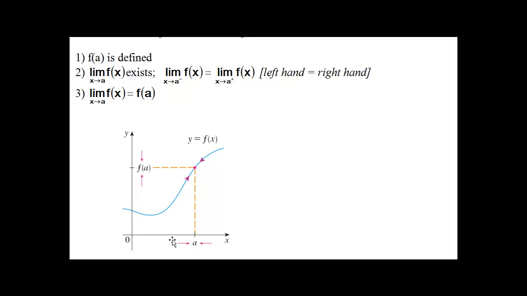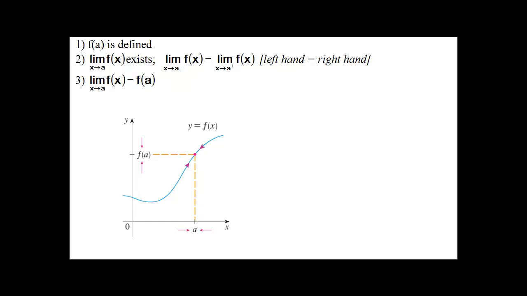In other words, the limit of f of x as x approaches a from the left and the limit of f of x as x approaches a from the right are equal. This implies that the two-sided limit exists. Finally, notice how the function's height at x equals a, that of f of a, is the same value as the limit as x approaches a. This proves that f of x is continuous at x equals a.